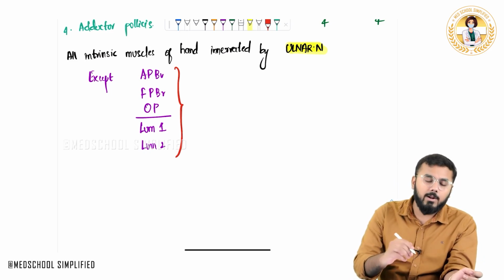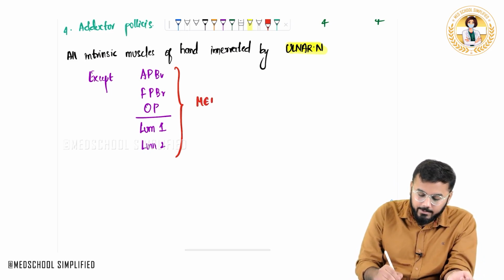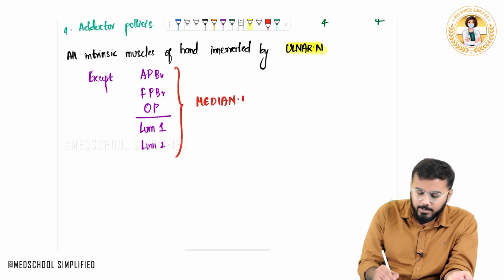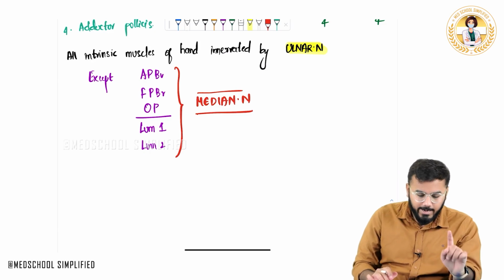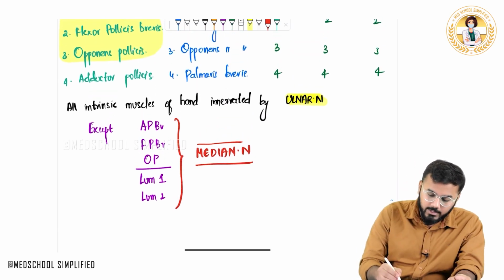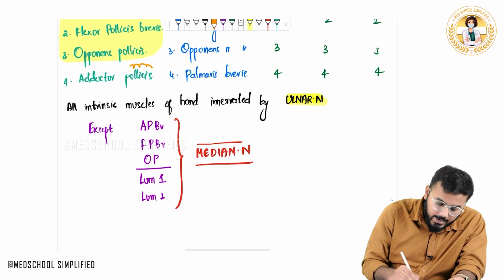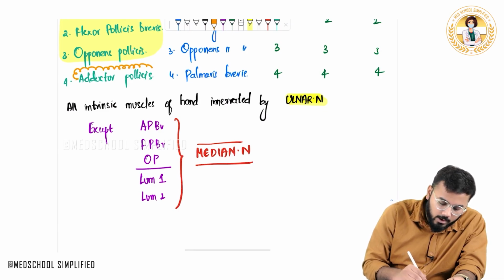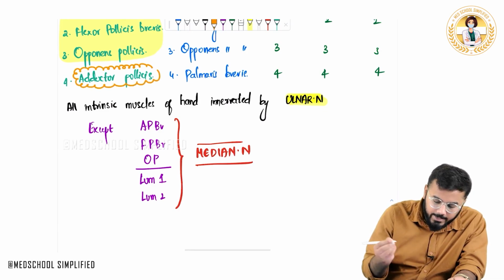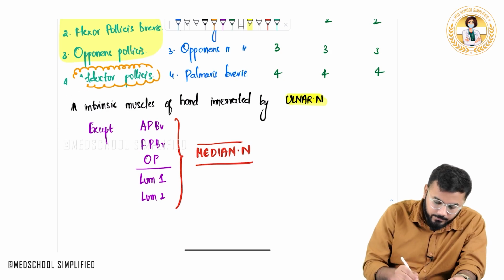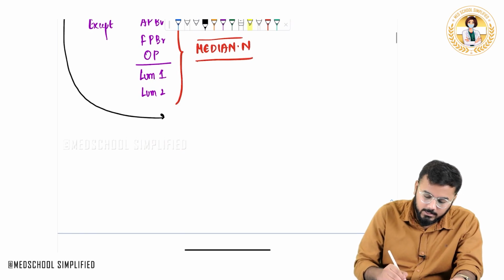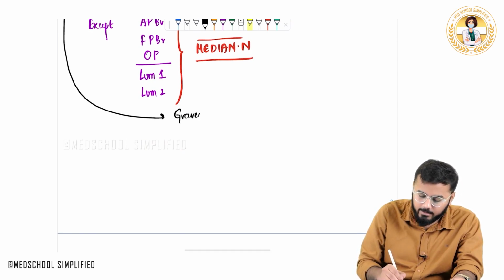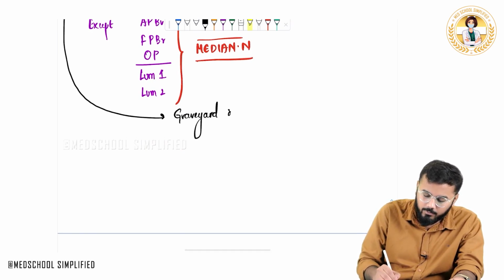And these 5 are supplied by median nerve. And remember one very important MCQ that has been asked again and again: adductor pollicis is called the graveyard of ulnar nerve.